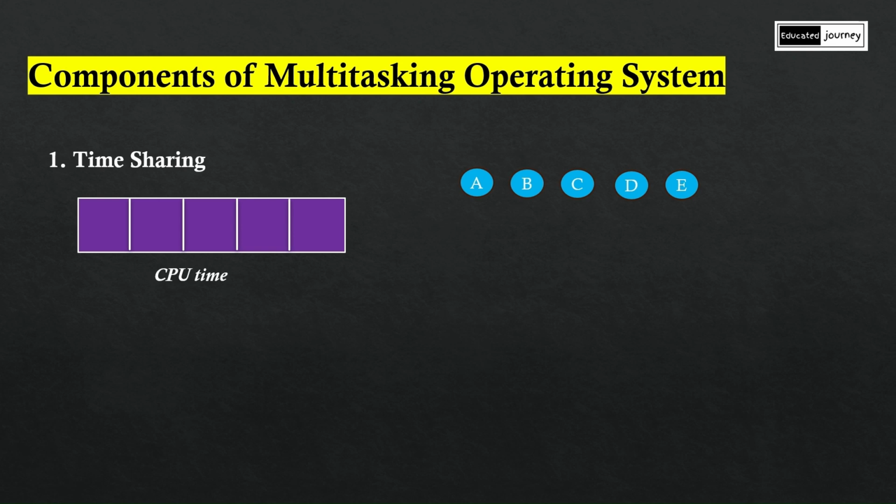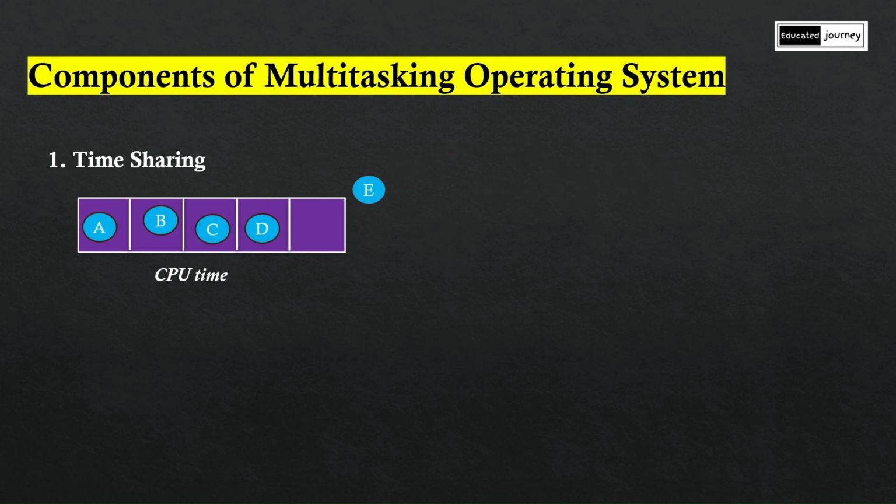After one task uses its time slice, the CPU is given to another task. This happens very fast. Because of time sharing, every task gets a chance to use the CPU. So task A, B, and C and so on will get the CPU time.